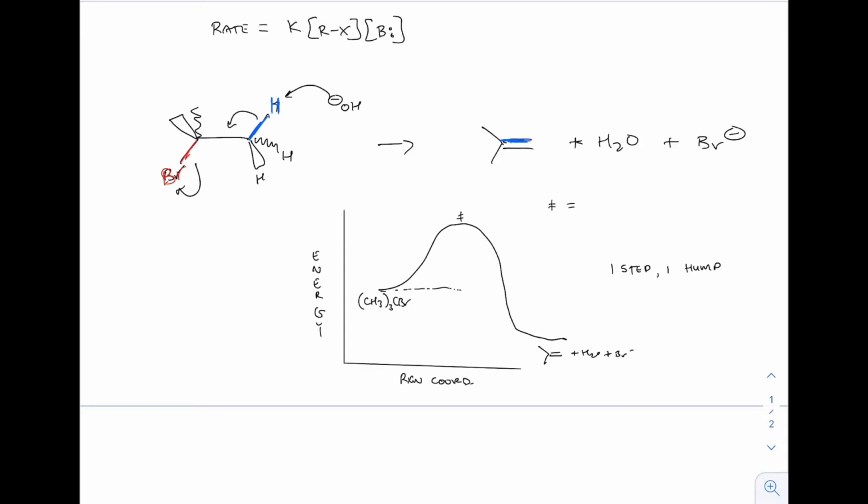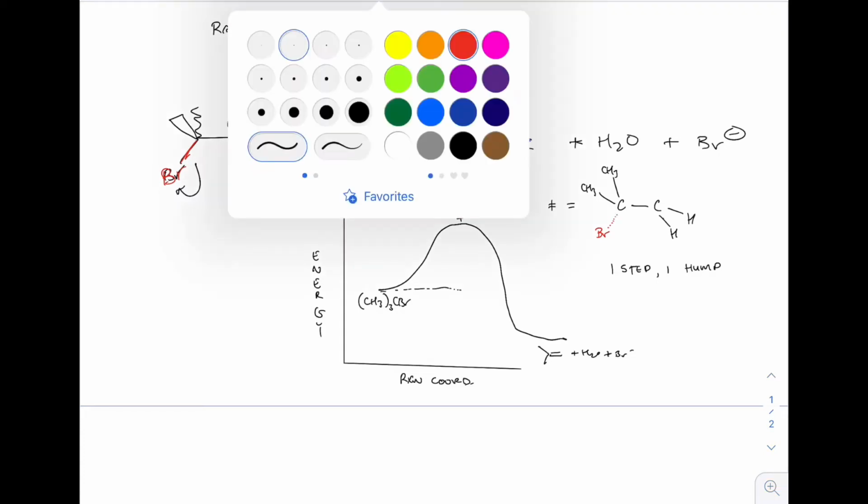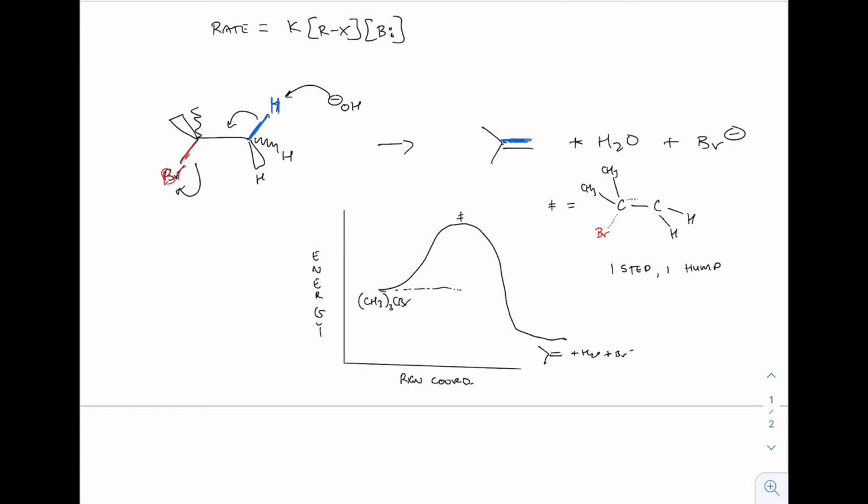Okay, so remember on the top is our transition state indicated by this double dagger. Let me draw that transition state for you because it's really important that we understand what it looks like to understand future concepts. So we've got our two methyl groups sticking up. We've got our bromine here. Remember, that bromine bond is being broken, so we have to draw that with a dotted line.